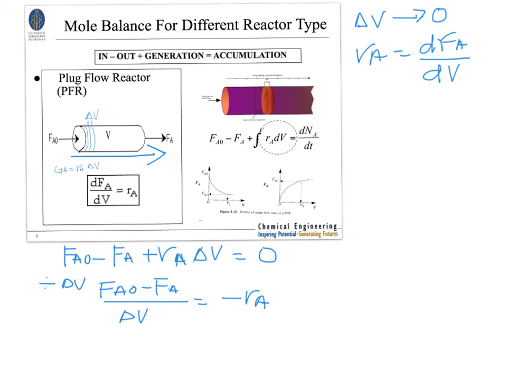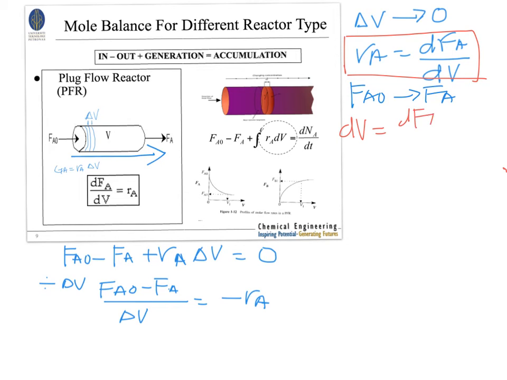To find the volume necessary to reduce FA0 to FA, we rearrange this equation. So we have dV equals dFA over RA.